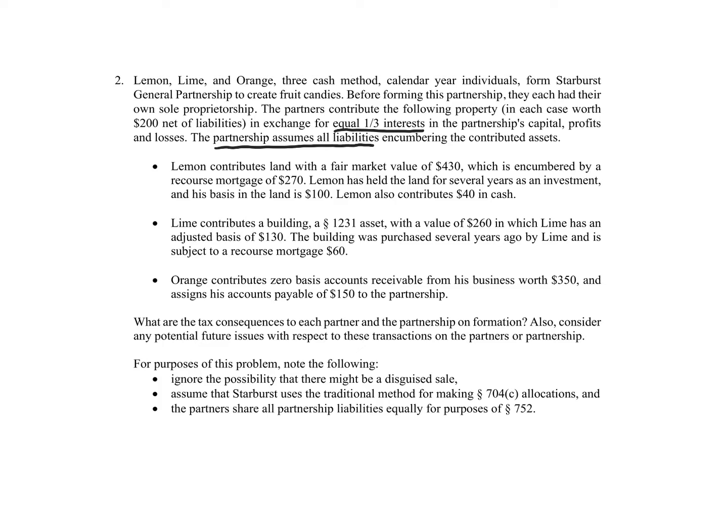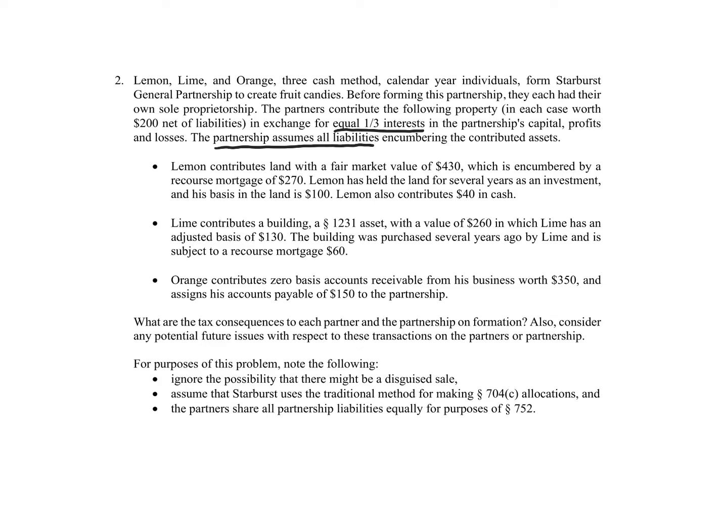So Lemon is going to contribute land, fair market value of $430, and recourse mortgage of $270 on that piece of property. Lemon has held the land for several years as an investment. Its basis in the land is $100. Lemon also contributes $40 in cash. Lime contributes a building.